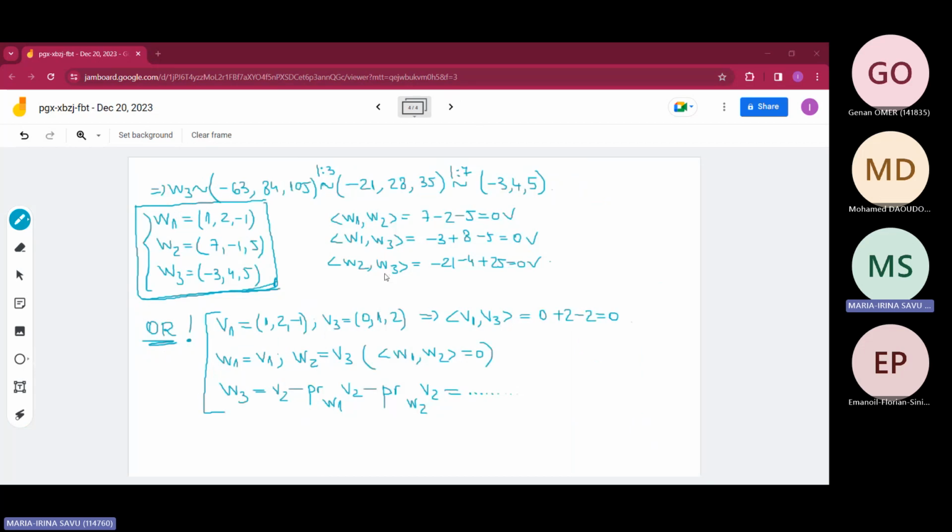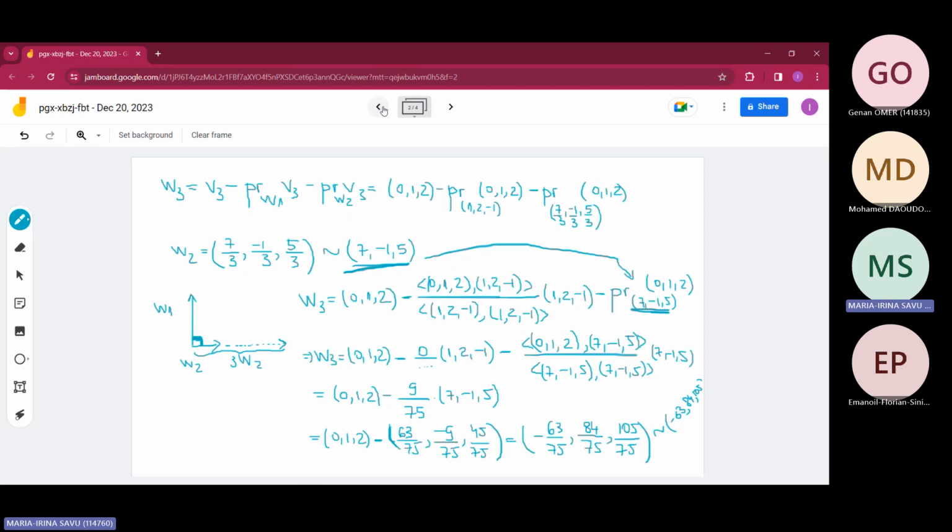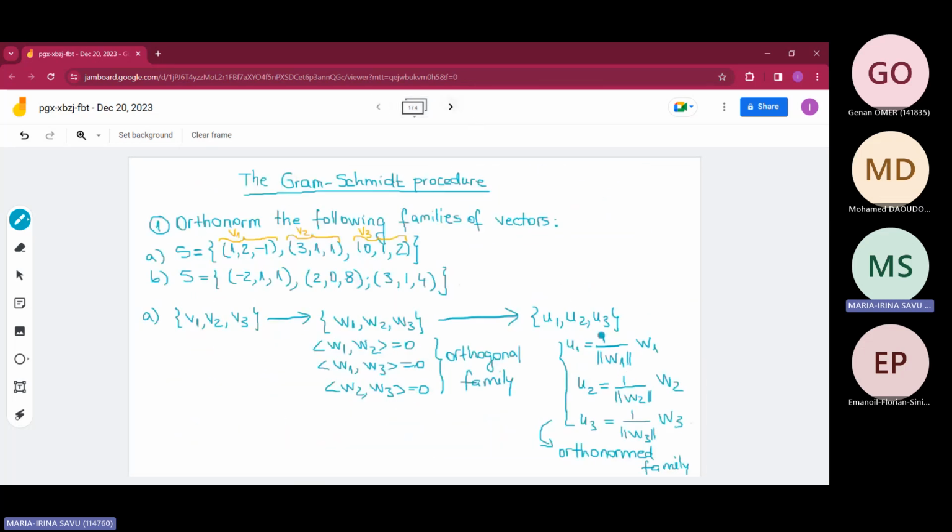Do you have other questions? Okay, if you don't have other questions, let's find U1, U2, and U3. Because we found W1, W2, and W3, we have an orthogonal family, but we must obtain three vectors which are perpendicular and the length of each one is 1.